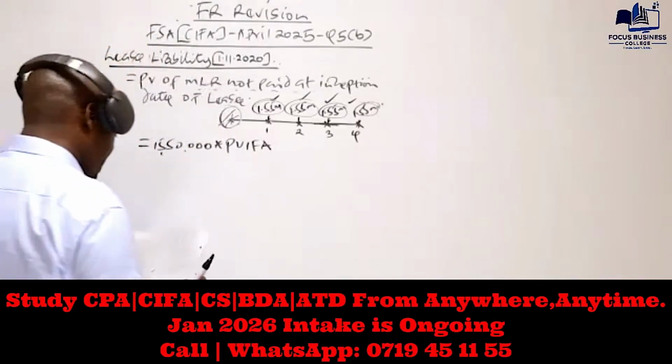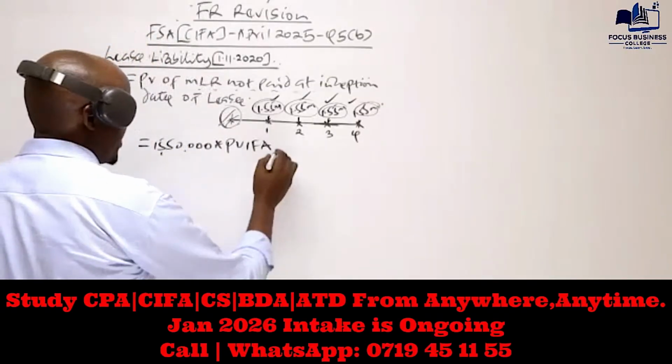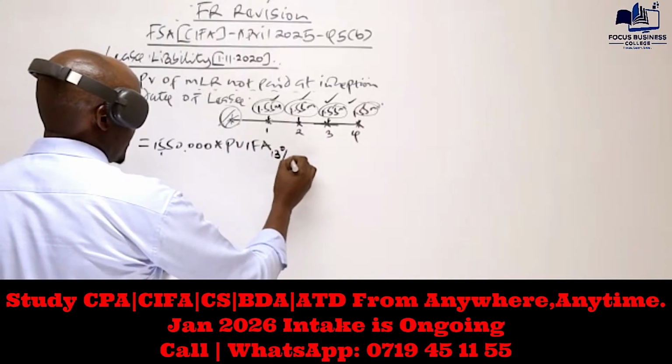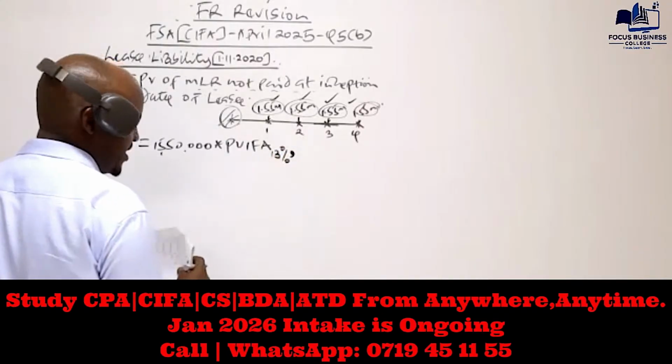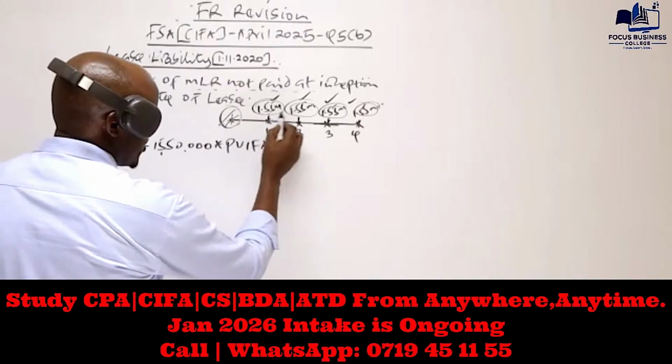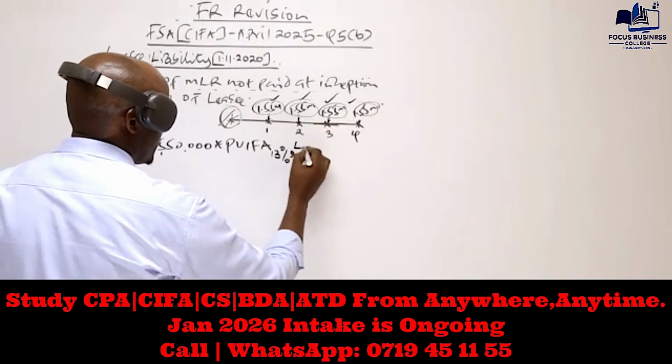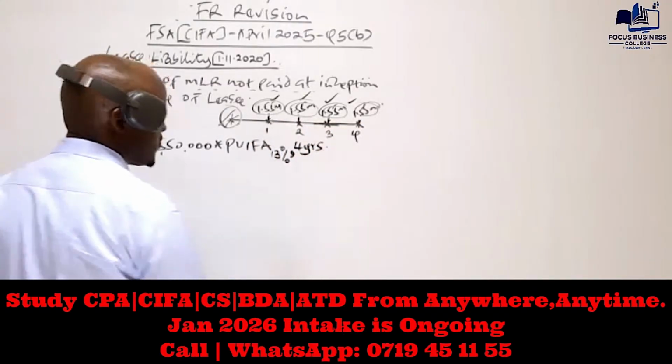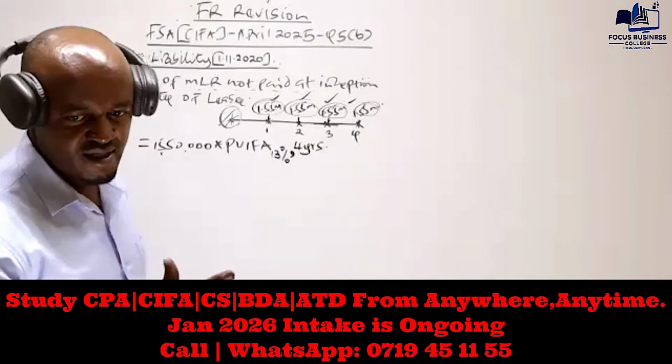At the rate of 13%. Then what will be our N here? Our N will be 1, 2, 3, 4. So we are discounting minimum lease rentals for how many years? For 4 years.